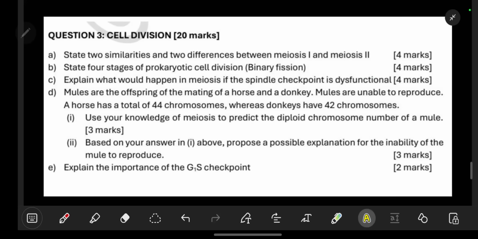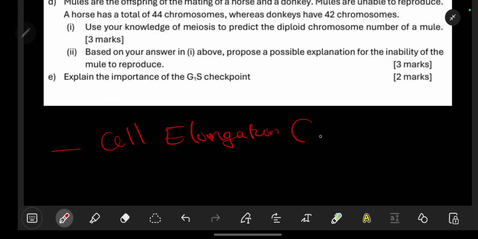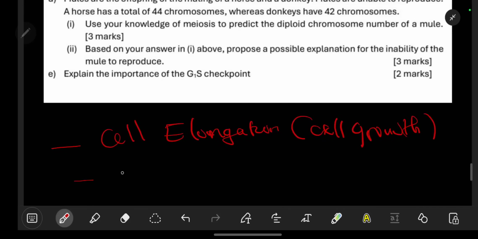This one says state 4 stages of prokaryotic cell division. Since it's stating, we can use points here. Prokaryotic cell division involves cell elongation, which is cell growth. After cell elongation, there will be DNA replication.